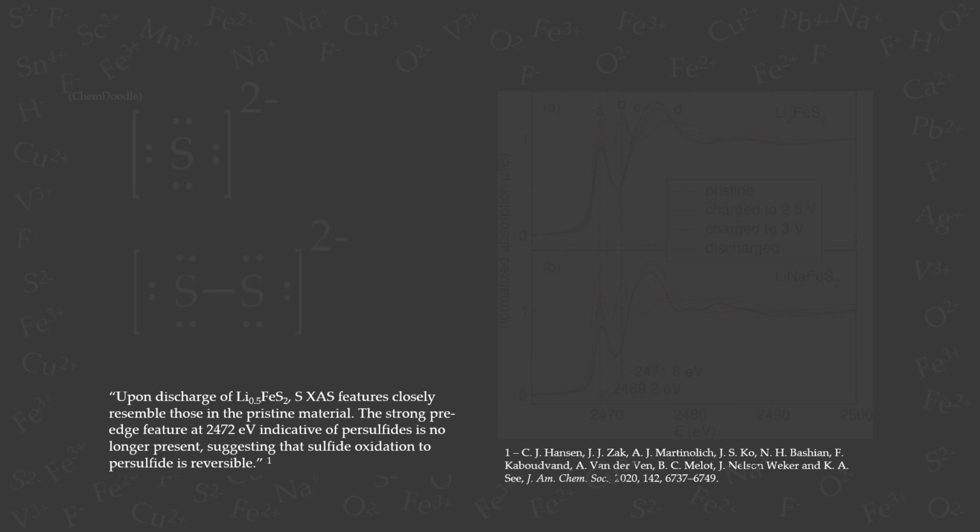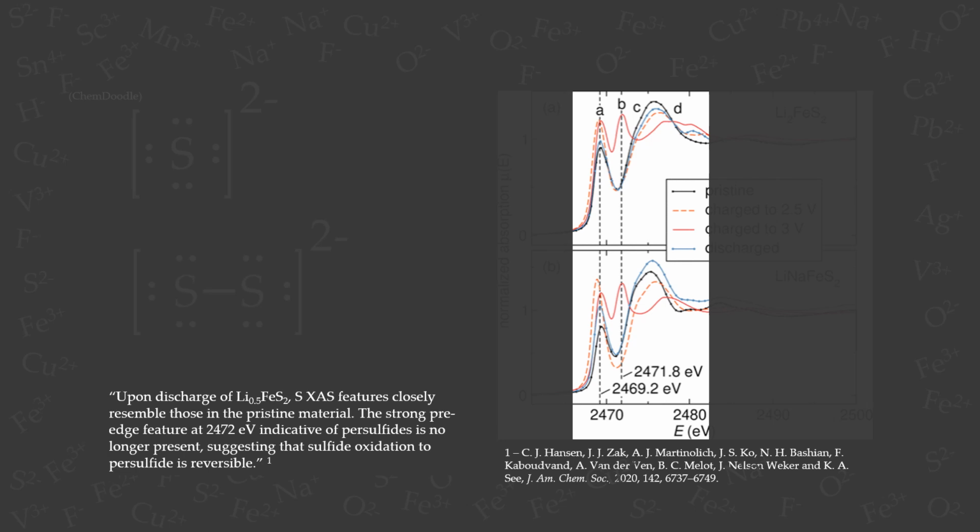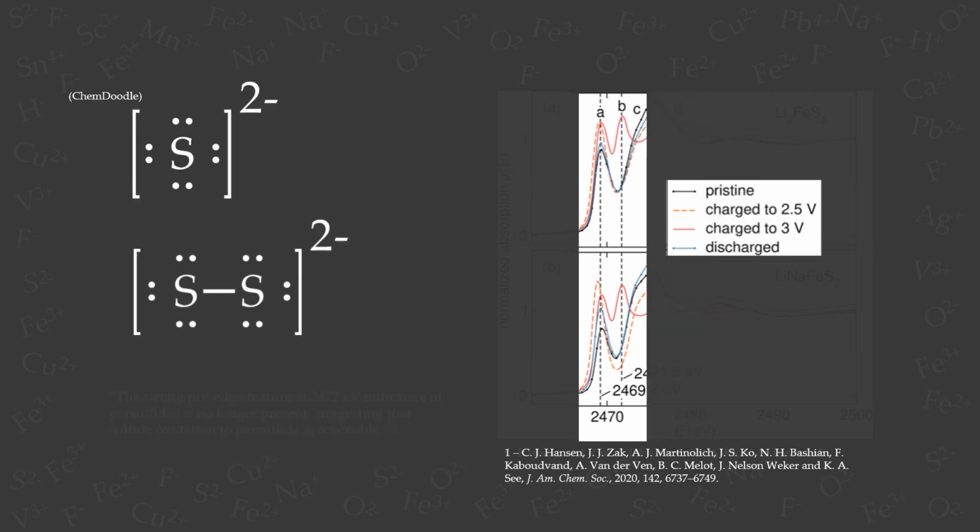The strong pre-edge feature at 2472 electron volts, which is here, indicative of persulfide, is no longer present, suggesting that sulfide oxidation to persulfide is reversible. Meaning, persulfide is most likely reduced back into sulfide after being discharged from 3 volts.